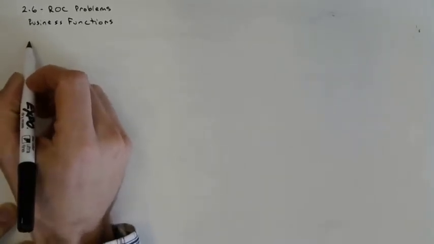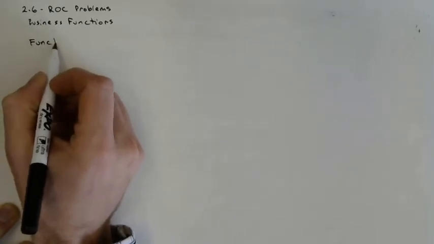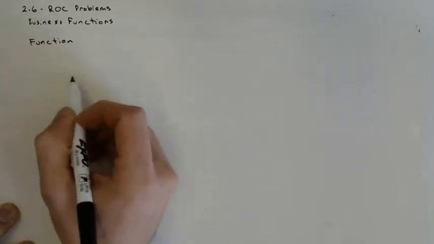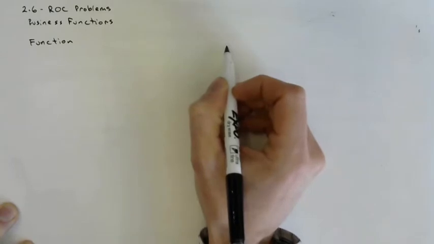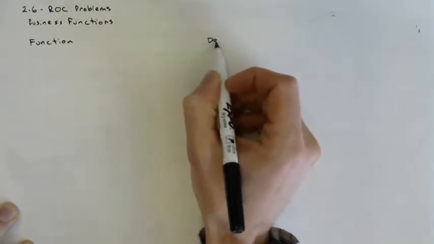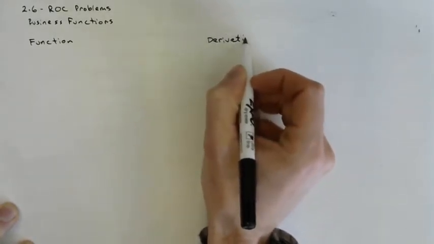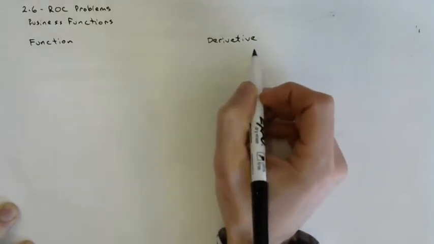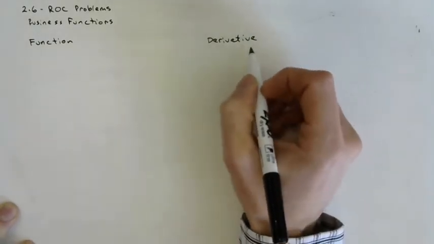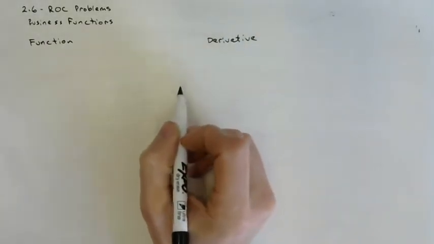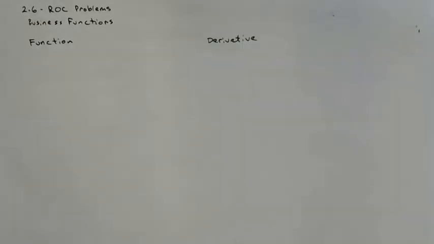We're going to do the function over here with a brief description and then its derivative over here. The derivative of a business function is called a marginal function, but we'll write that down when we get there.